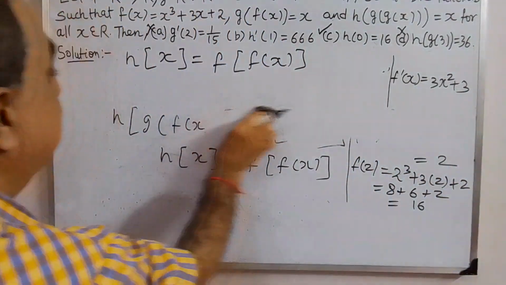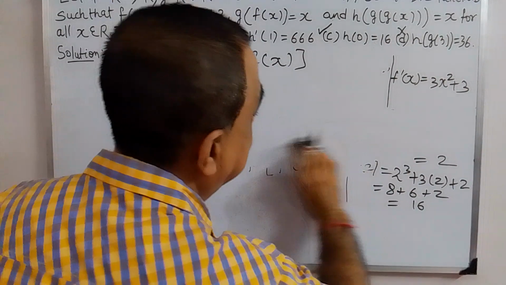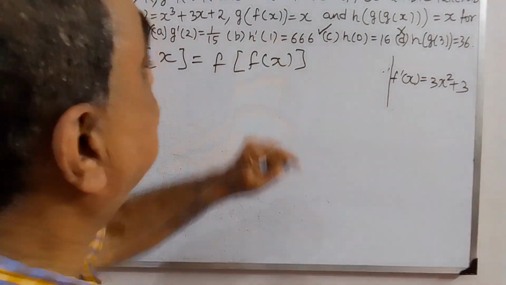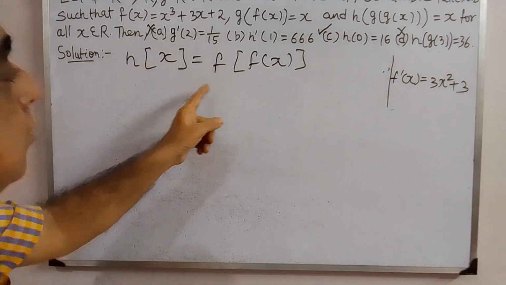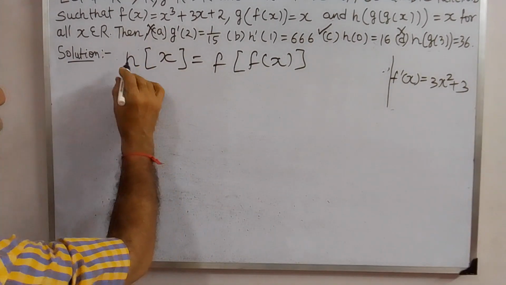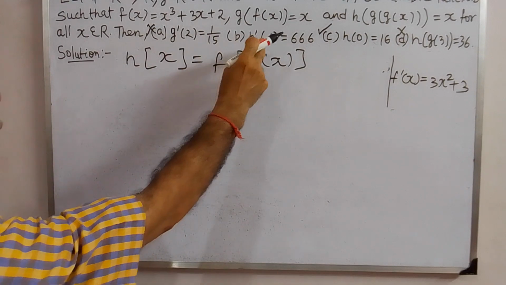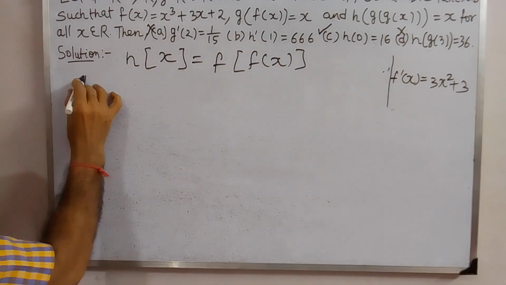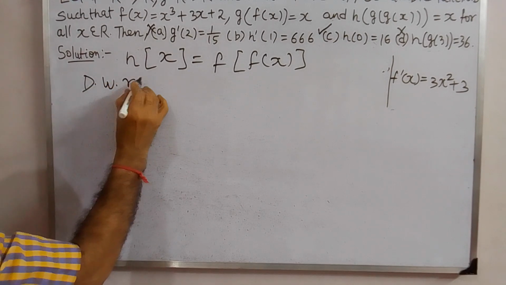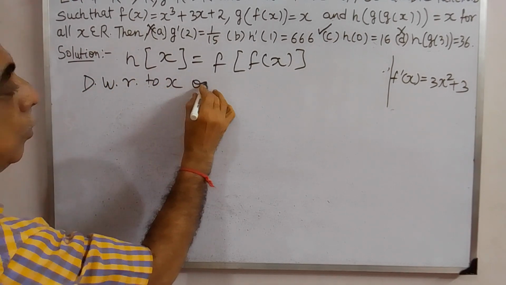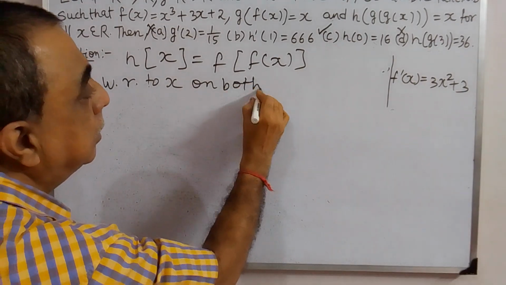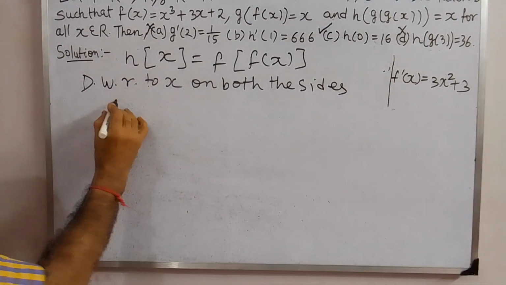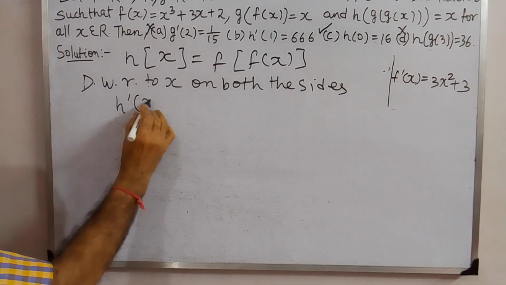Now in the B part, it is h dash 1. So differentiate both sides with respect to x, you will get h dash x. Then put x value 1 further. So differentiating with respect to x on both sides, we will have h dash x.